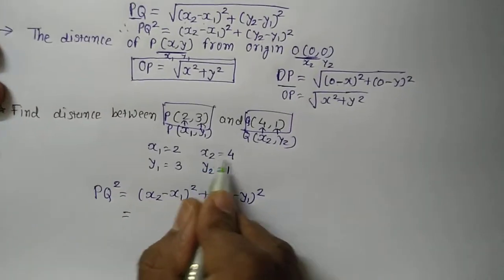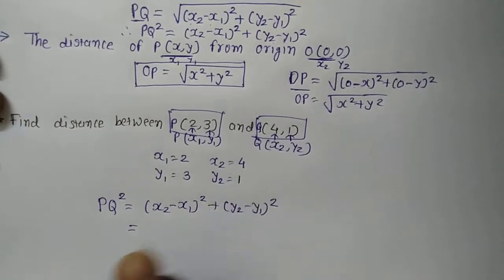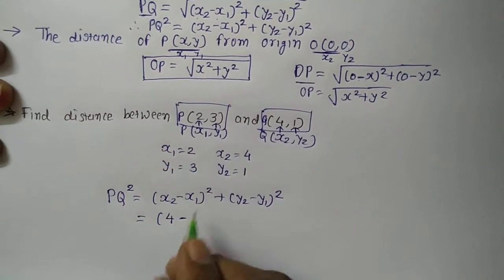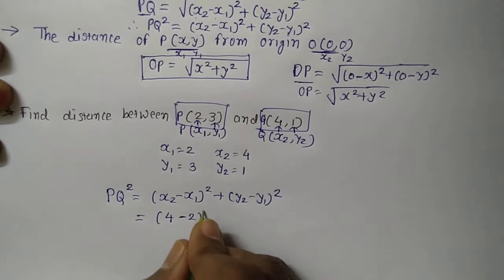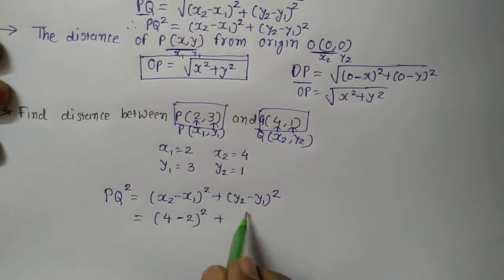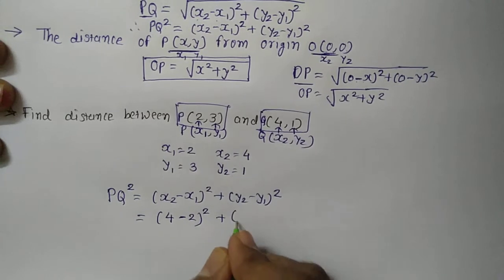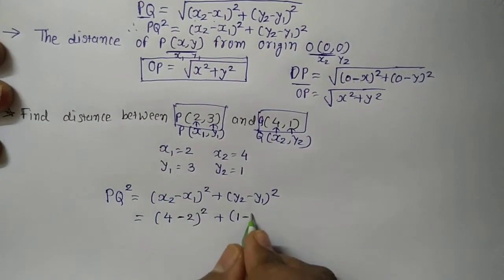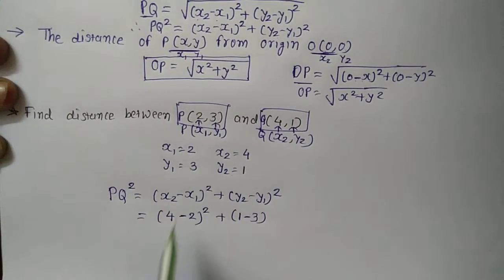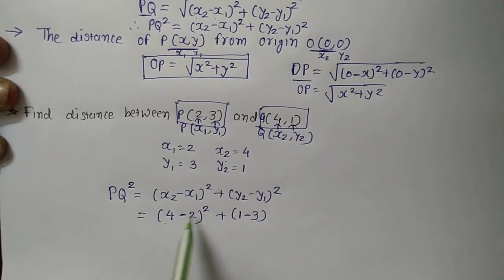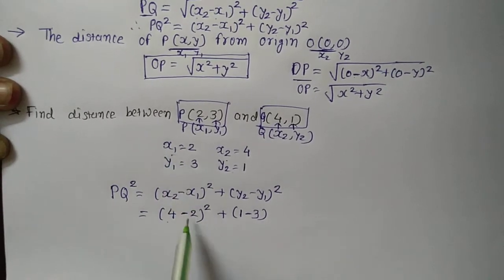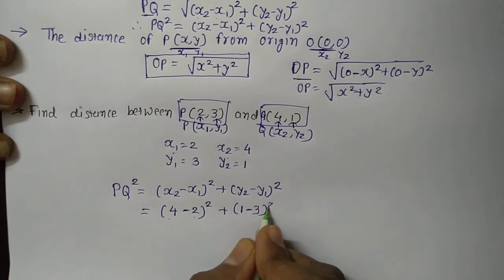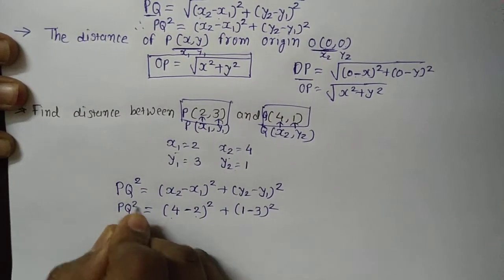The value of x2 is 4, so it is 4 minus x1, which is 2, so (4 minus 2) whole square plus y2, which is 1, minus y1, which is 3, whole square. That is equal to PQ square.